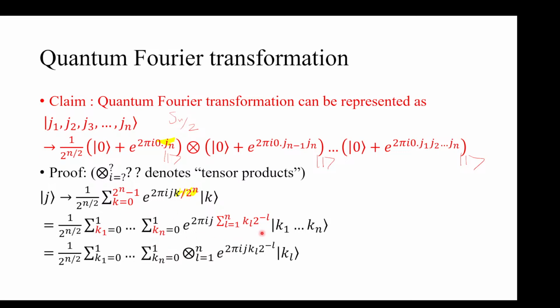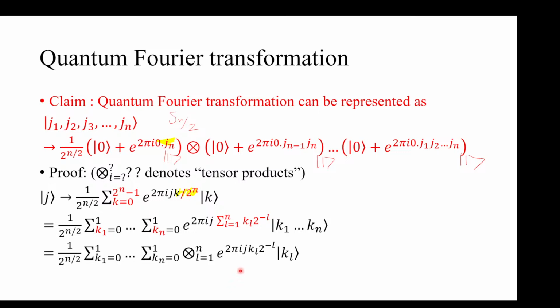And the interesting thing is the coefficient also separates out into different kl, because a summation of different kl in the exponent equals a multiplication over the whole thing, the exponential.